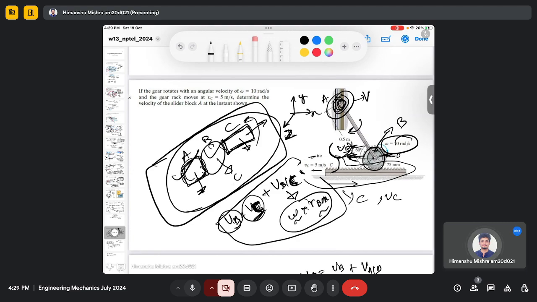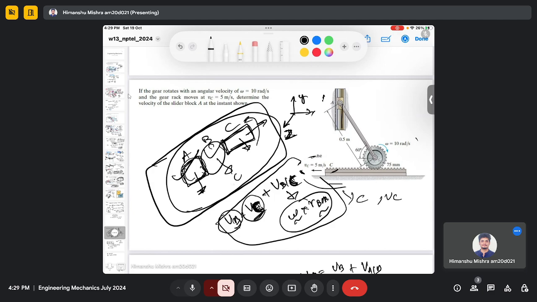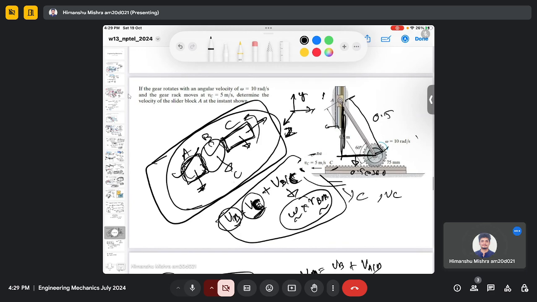The position vector is 0.5. So if this is my 0.5, then this is 0.5 cos 60, and this is 0.5 sin 60.